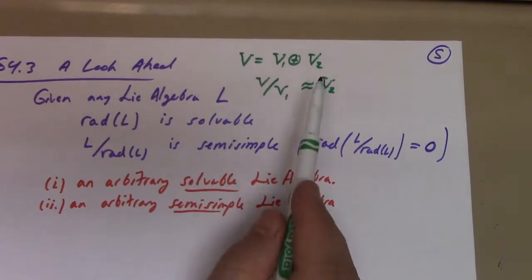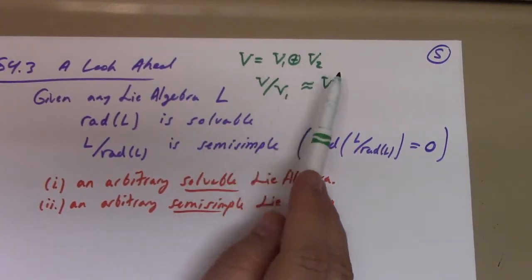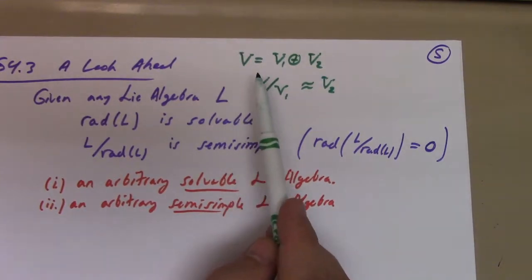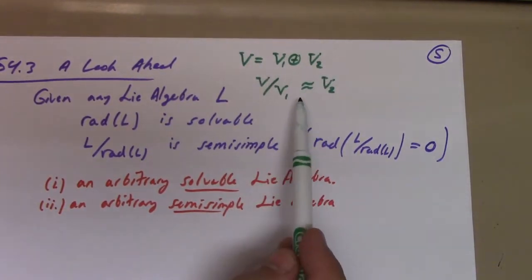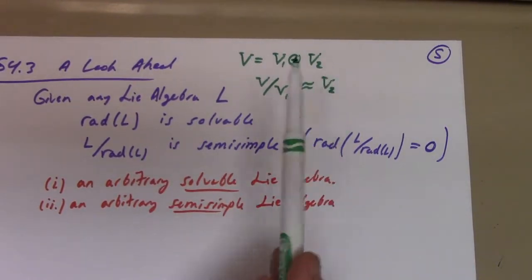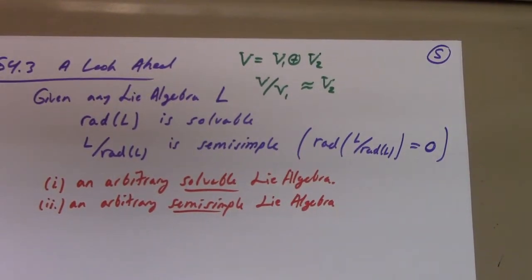So basically, if we can understand what the possibilities are for V1 and V2, then you can get a sense of what the possible V is, because we can build them back like this. Thinking of V1 as being the radical and V2 as being everything else, the semi-simple piece of the algebra.